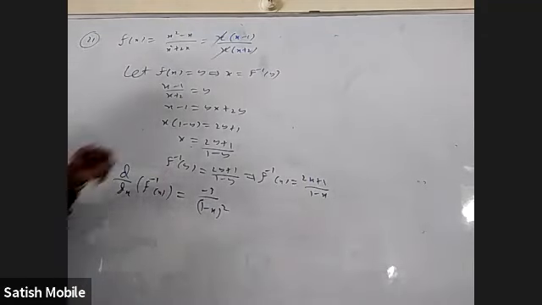I wrote directly, but you can apply u by v rule. You will get minus 3 by 1 minus x whole square.